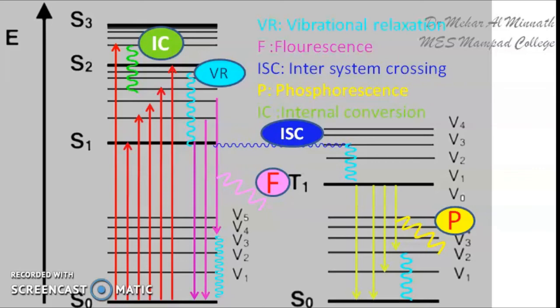Everything is in the singlet state. It is a non-radiative relaxation, and the internal conversion is also very fast. It takes almost the same time span as our vibrational relaxation mode. The time span for internal conversion is also between 10 to the power of minus 14 to 10 to the power of minus 11 seconds.